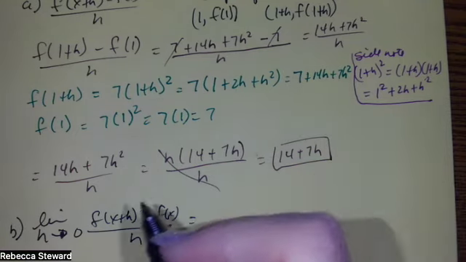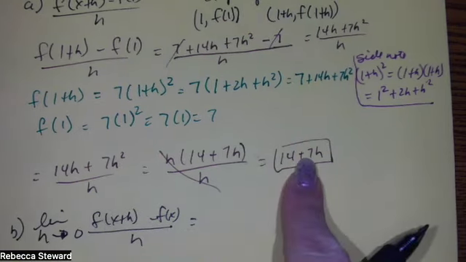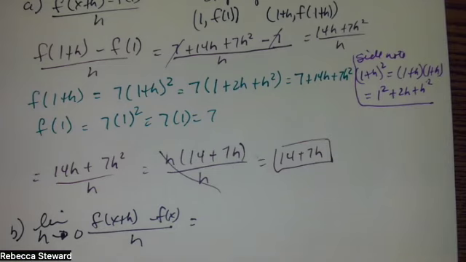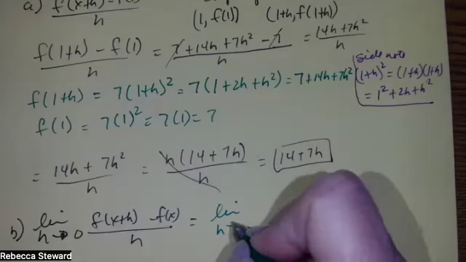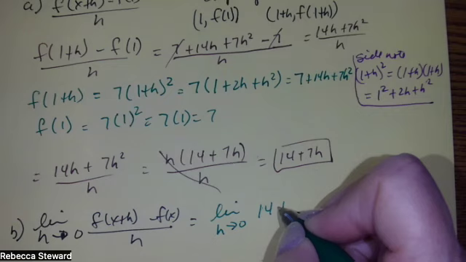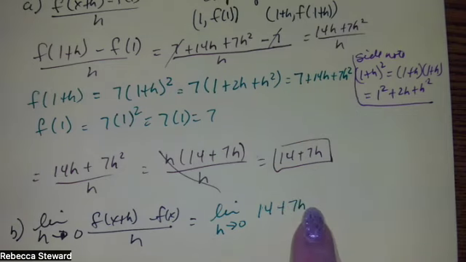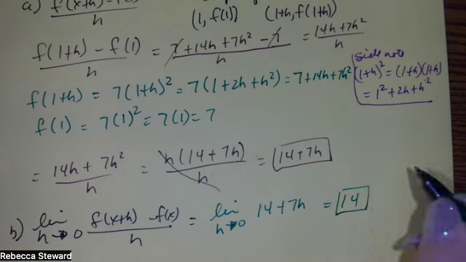That will be what we just found. So we have the limit as h approaches 0 of 14 plus 7h. Our h is going towards 0, so that is just going to be 14.